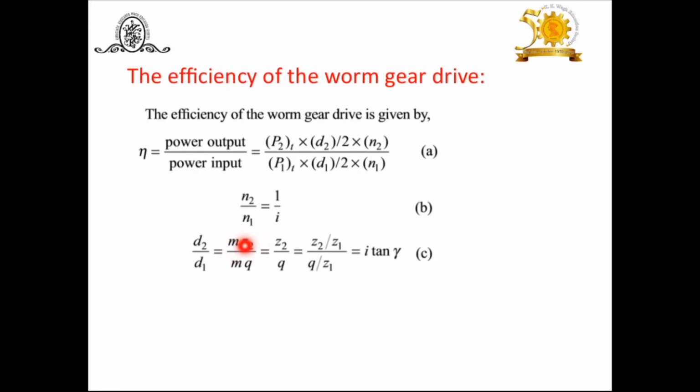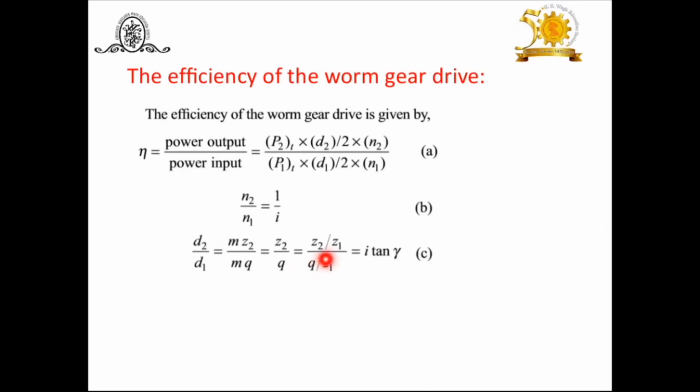M is the module and Z2 means the number of teeth on the worm gear. And D1 is the PCD of the worm, which is given by m into q. Now we substitute the values of D2 and D1, and we get Z2 by q.